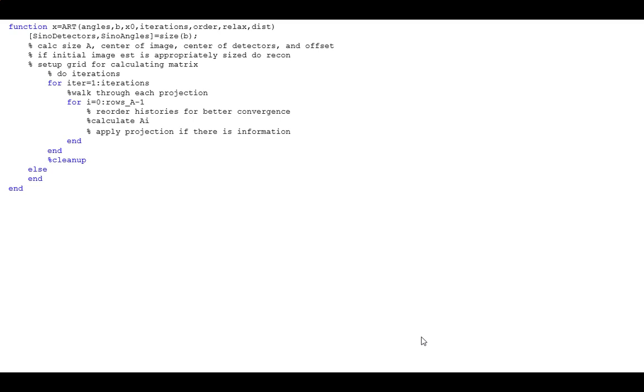We'll calculate our AI just in time, and then now that we know AI, we'll apply the projection, update the estimate, and move on. Then, of course, there's a cleanup stage, after we've done all the iterations. We'll have a calculated matrix, but it won't be counted as an image matrix. The scale could be off and things like that. So we want to turn it back into an image before we send it back.